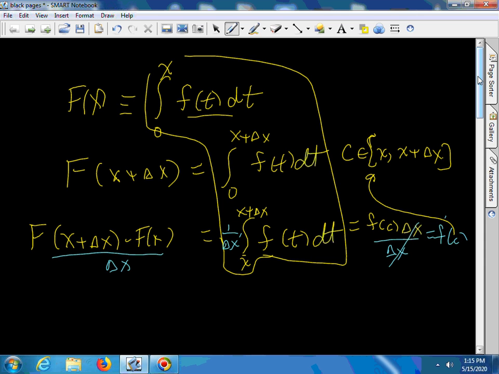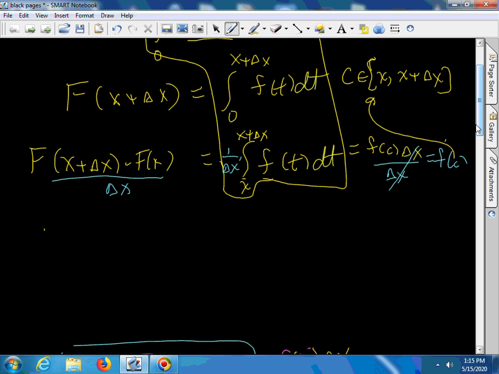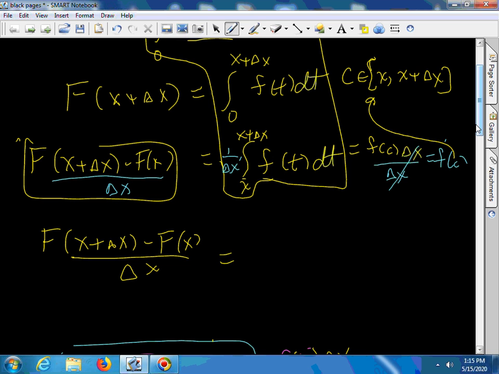So right now we have the following. Let me write it down on one line. Big F of x plus delta x minus big F of x over delta x is equal to f of c, where c is in the interval x comma x plus delta x.